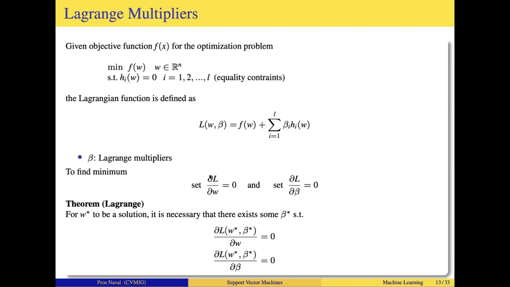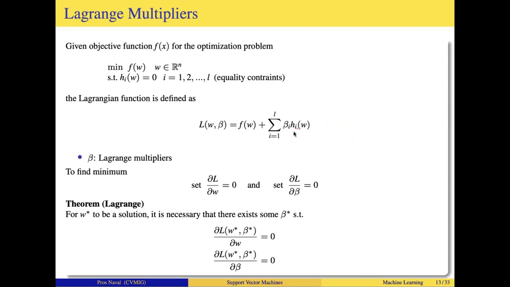Now, according to Lagrange, we can find the minimum by setting the gradient of L with respect to w to 0 and computing for w star, which is the optimal value for w, and similarly for beta. So beta star is computed by differentiating this quantity and setting it equal to 0.